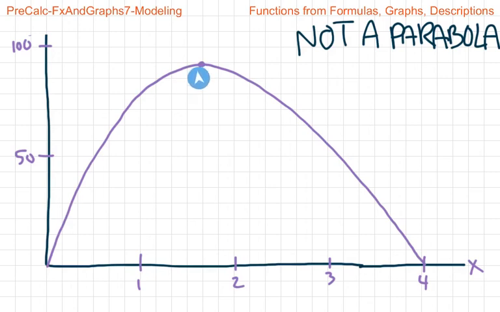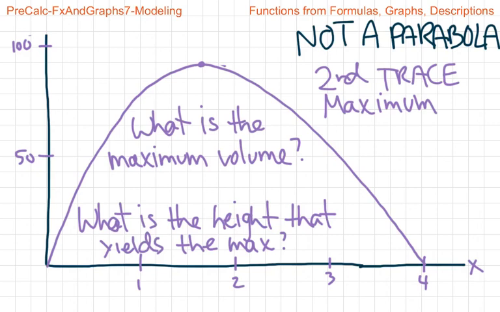Well, let's hit second trace, or second calc, and find out what that actual max value is. So we're hitting second trace and we're going to find the maximum. Once you hit maximum, it's going to ask you for the left point. So you're going to arrow left a little bit, on the curve to the left of that max, then press enter, arrow right, press enter, and then guess what that max is.